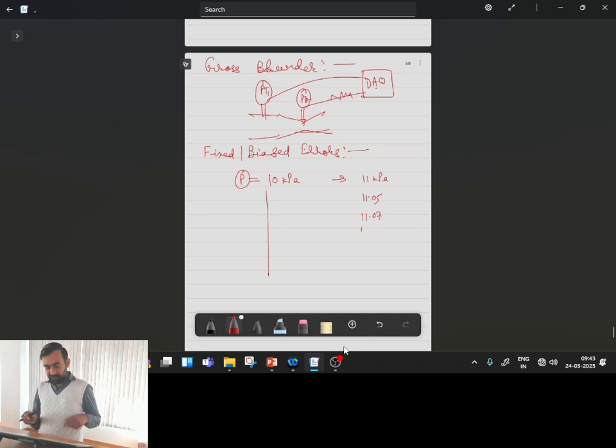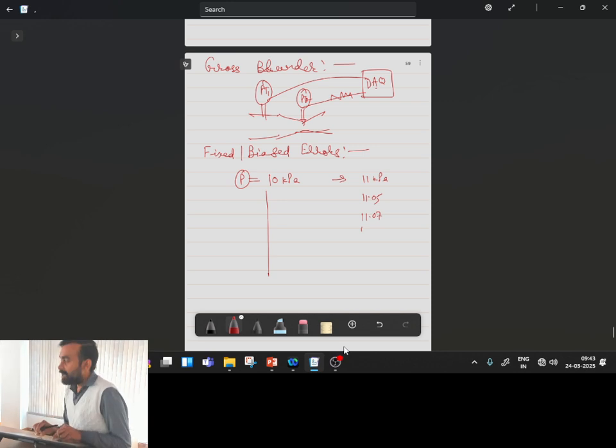So between the true value and the measured value there is always a finite and almost constant gap.